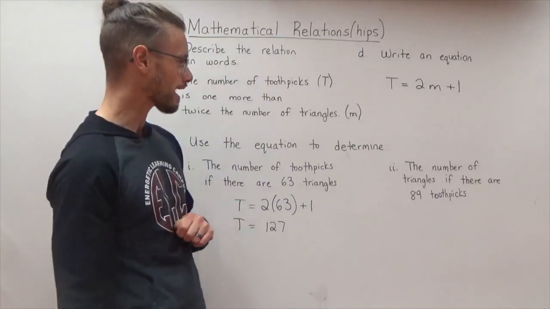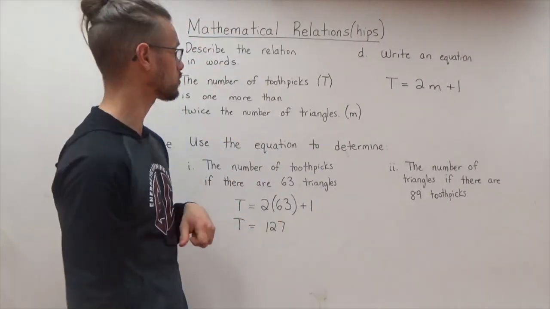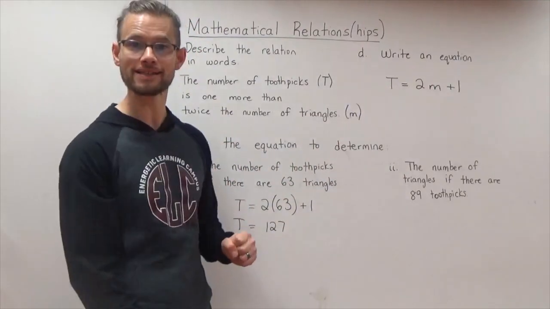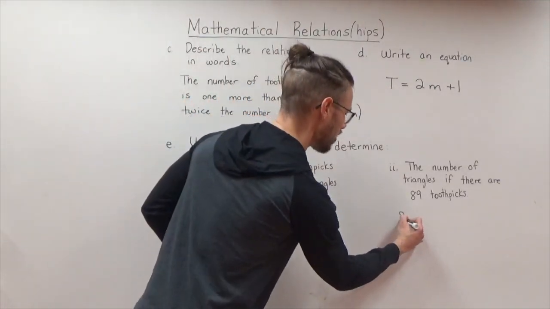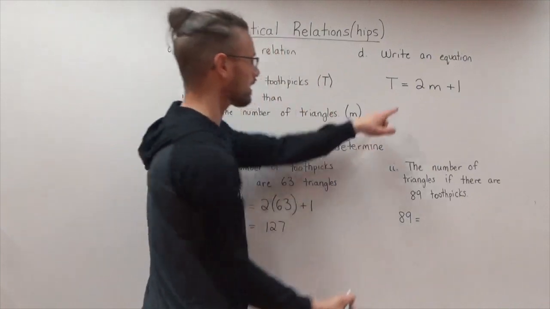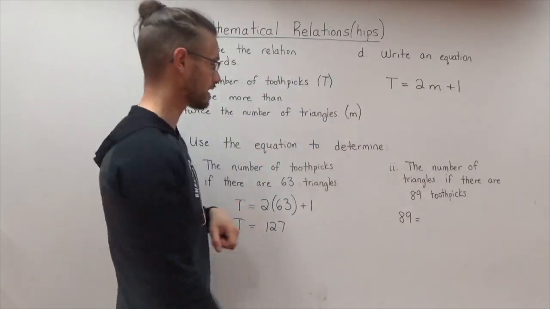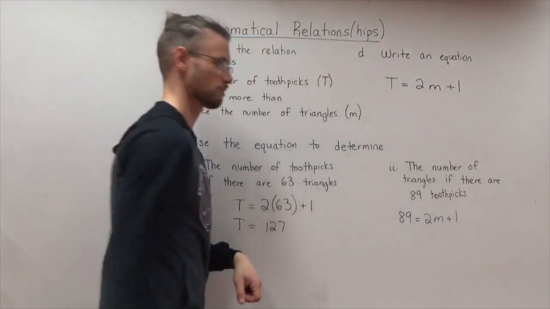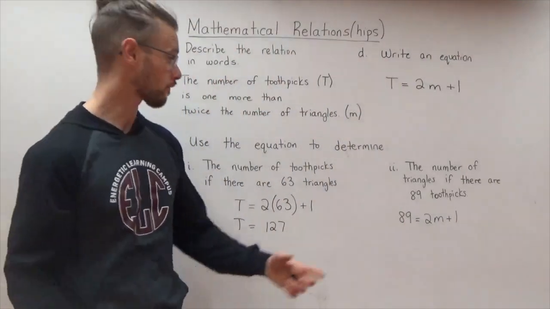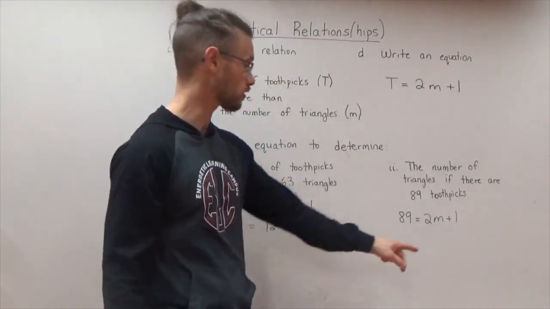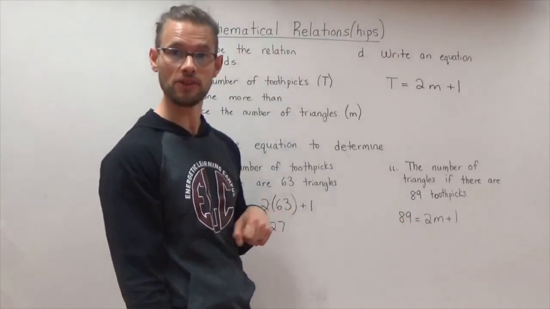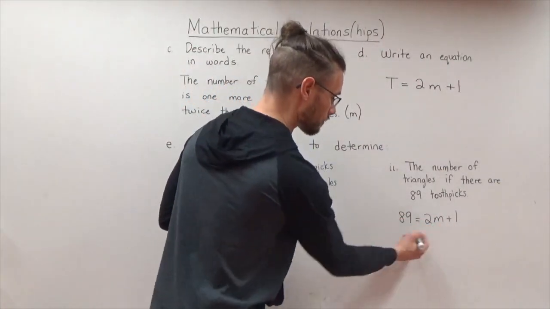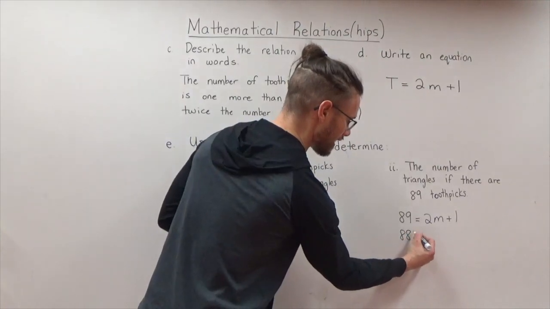Determine the number of triangles if there are 89 toothpicks. Well, I called toothpicks T. So now I can use my equation by replacing T with 89. 89 equals 2M plus 1. Whenever I'm solving for a variable, I've got to work backwards. I've got to do the opposite. So to cancel out that 1, since it's being added, I'm going to subtract 1 and get 88.